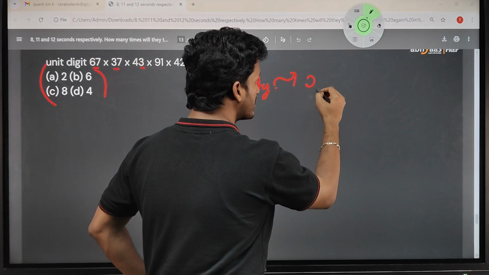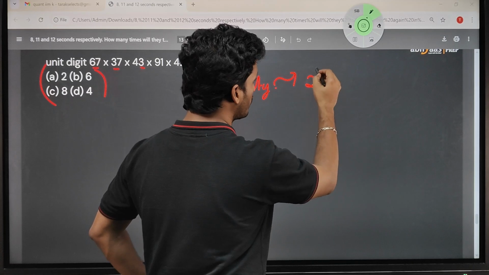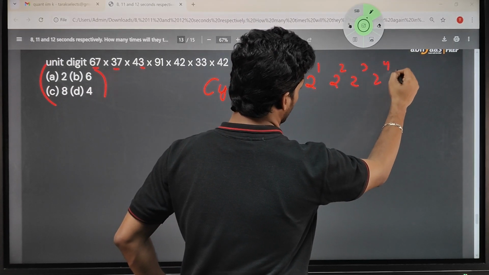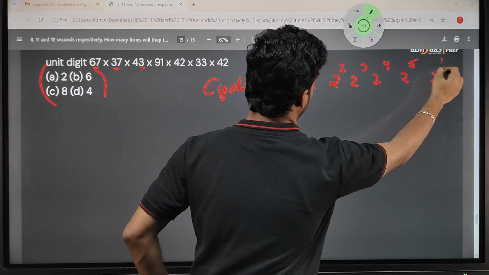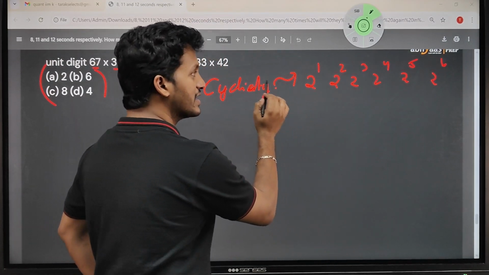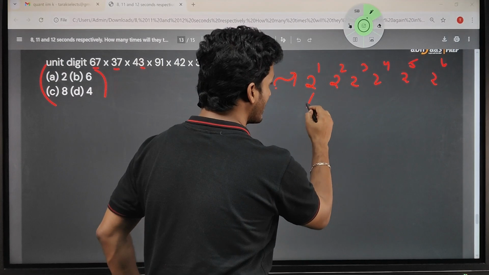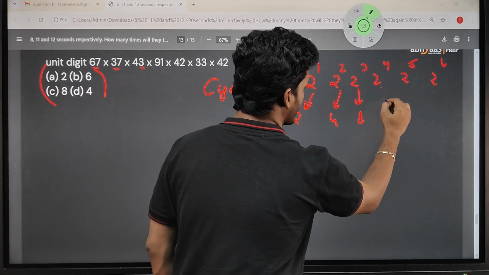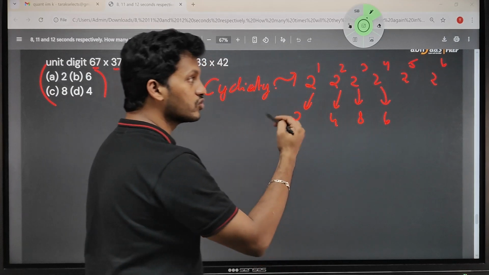For example, the cyclicity or the periodicity of 2 power 1, 2 square, 2 power 3, 2 power 4, 2 power 5 and 2 power 6. The periodicity of the last digit or the unit digit that appears in these problems: the unit digit here is 2, here is 4, here is 8 and here is 6. What about 2 power 5?